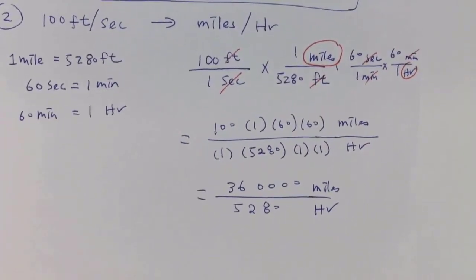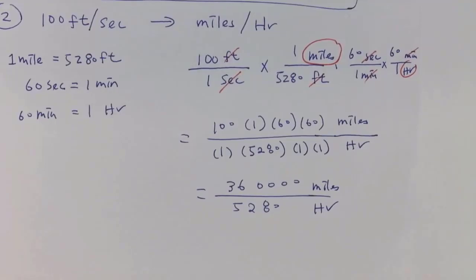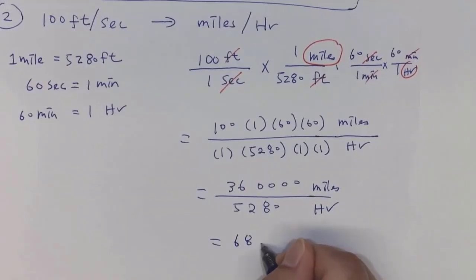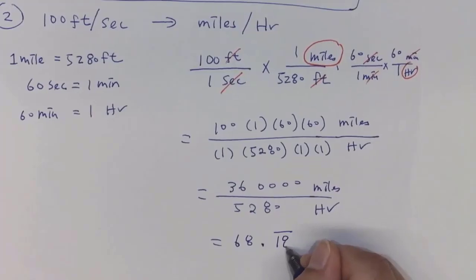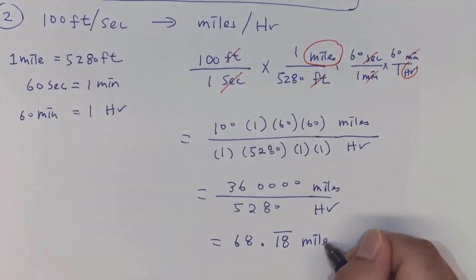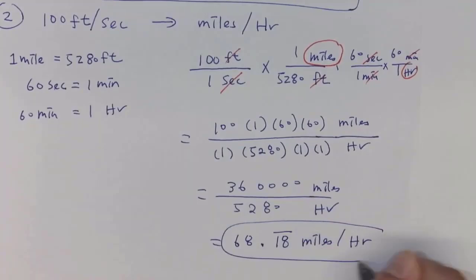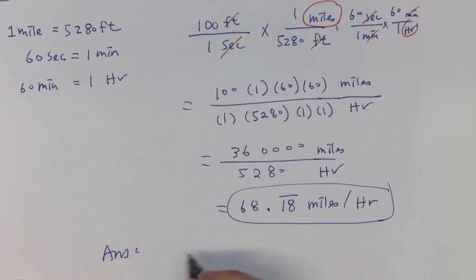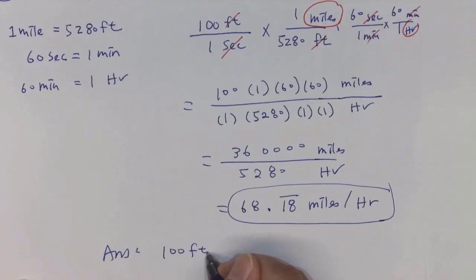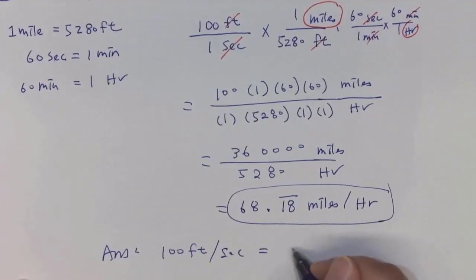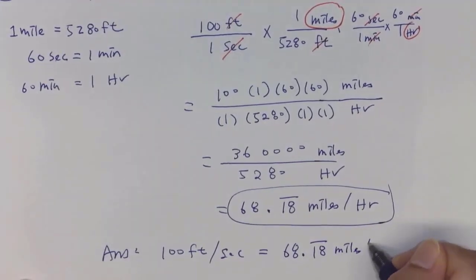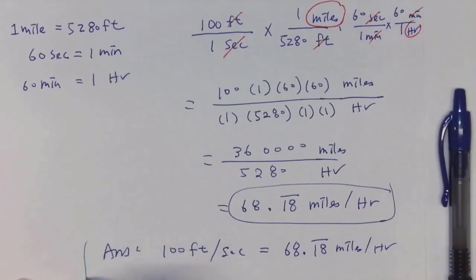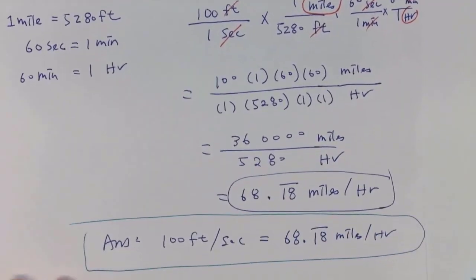Okay, this number divided by 5280 is going to give me 68 point. Apparently this is repeating, right? This is in the term of miles per each hour. So the final answer will be 100 feet per second is going to be the same as 68.18 repeating miles per hour. Are we okay?